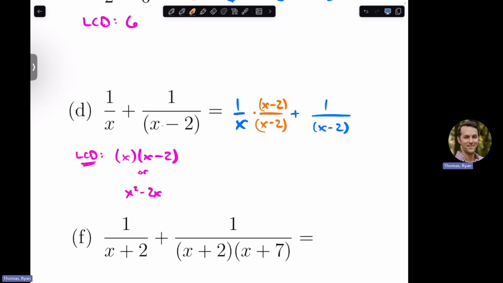It's emphasizing that we treat that stuff like it's grouped. And the other term, I've already got x minus 2, so we're lacking x. So multiply by x over x. Okay. 1 times x minus 2 over x times x minus 2 plus 1 times x over x times x minus 2.